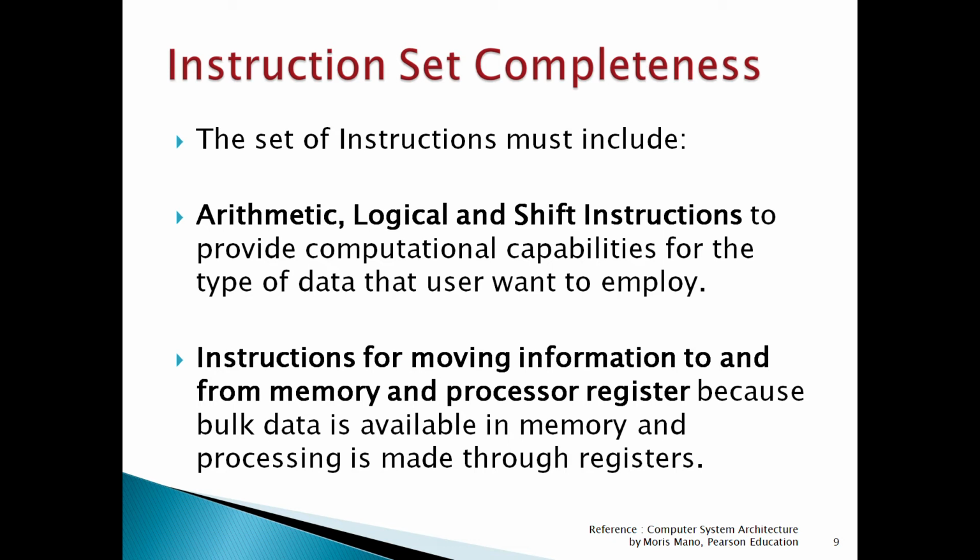Also instructions for moving information to and from memory and processor registers. Because the bulk data is available in memory and processing is done through registers, if there are no instructions to move data from register to memory or vice versa, then it will not be feasible to access operands properly and operations cannot be applied properly on them.